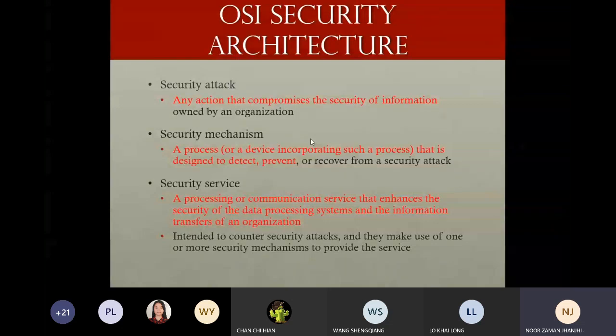A security mechanism is any process or device that we design and deploy, and we say that this is there either to detect, to prevent, or to recover from security attacks. These three things are important. Either we can detect, or we can prevent, or we can recover.